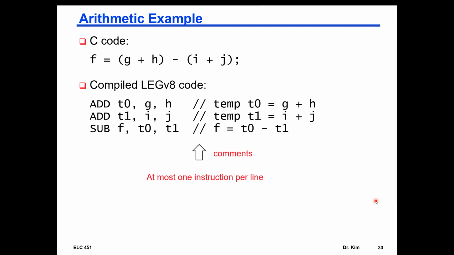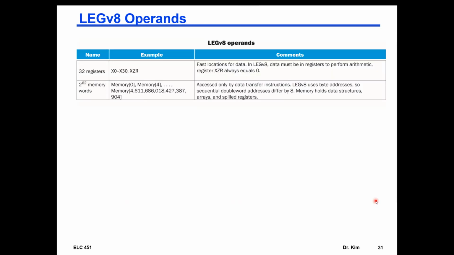When you write assembly language, you have one instruction per line, because it really translates to a single binary word in memory for the compiled program. Each arithmetic instruction follows the same format, therefore they all have three operands: two sources and one destination.